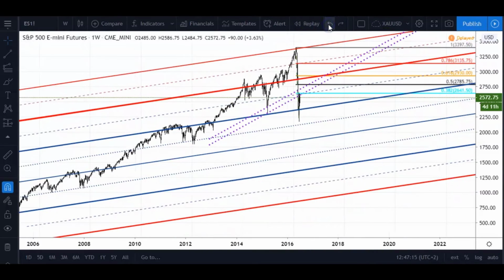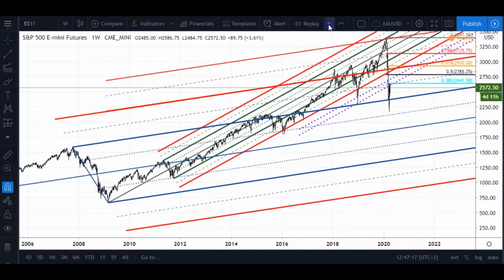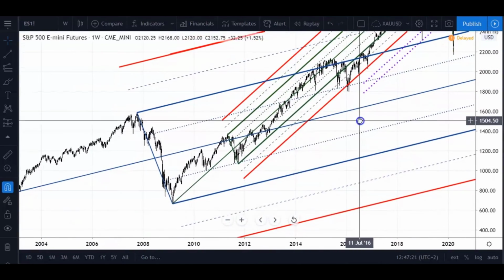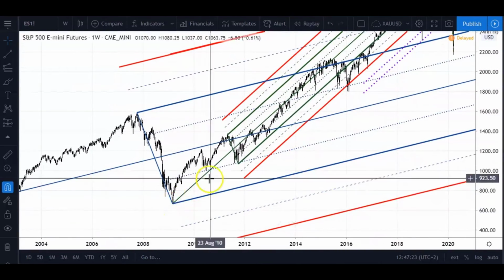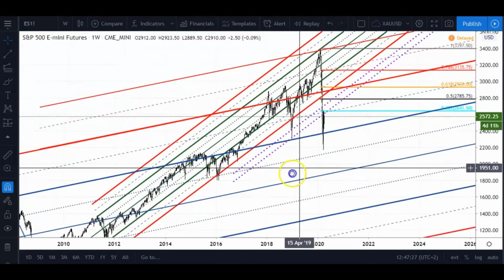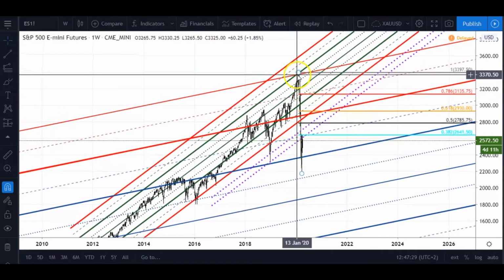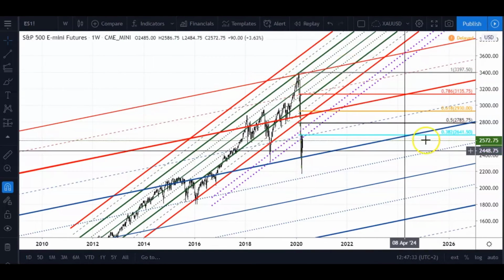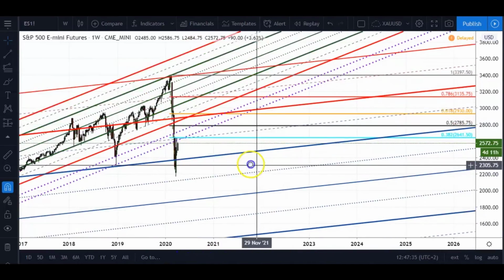And if you look back at this green standard pitchfork that I drew from this low back in 2009 to the first peak and back to this low in October 2011, price also reached the upper green channel line, in this case of a different colored standard pitchfork.